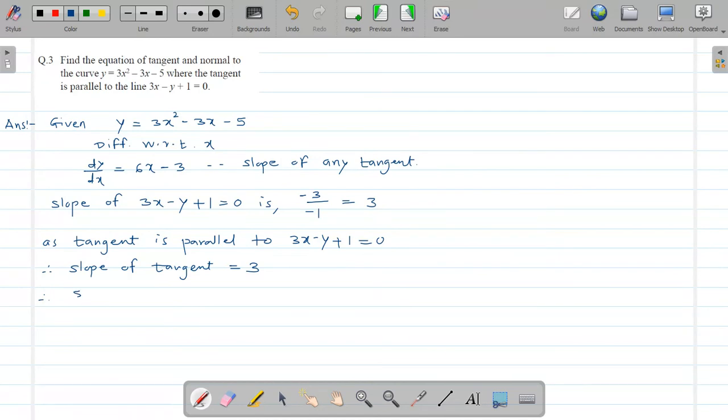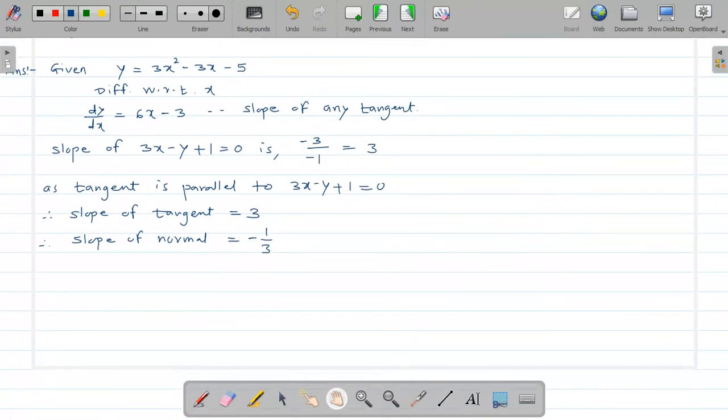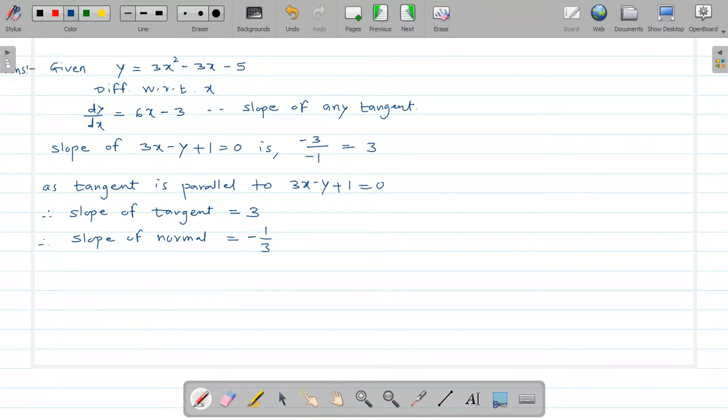Okay. So we get the slope of the tangent. Now simultaneously you find out the slope of normal also. So if the slope of the tangent is 3, then slope of the normal will be minus 1 upon 3. Okay. Now as we know that slope of parallel lines are equal, so from given this 6x minus 3 must be equal to 3.